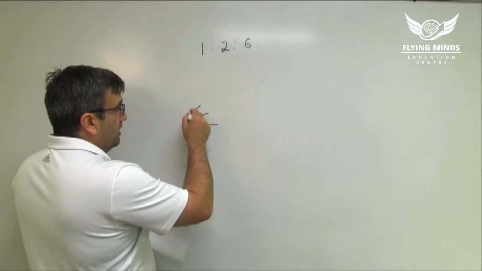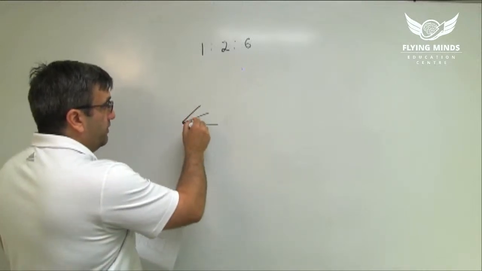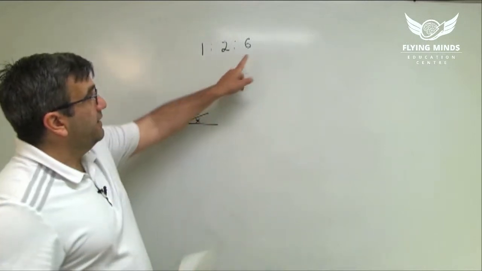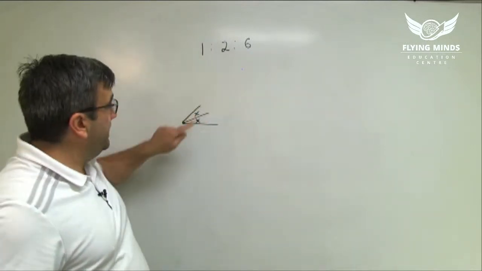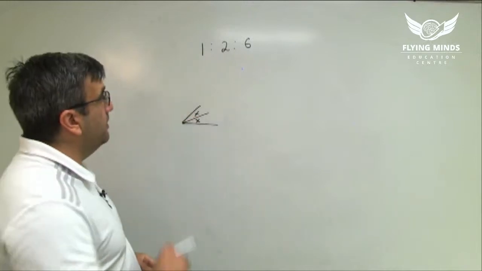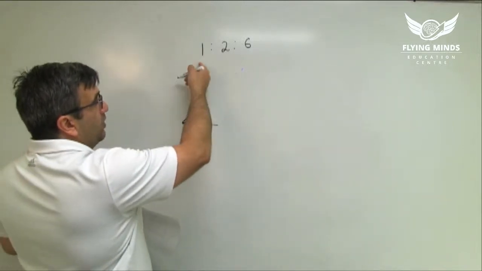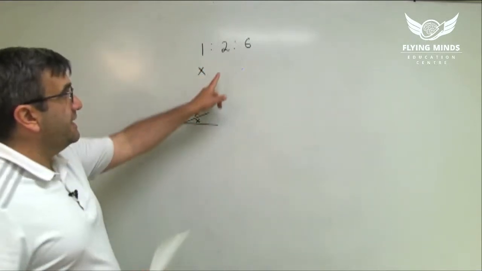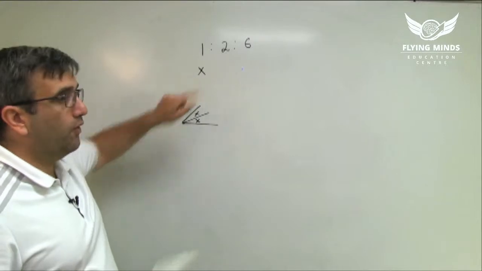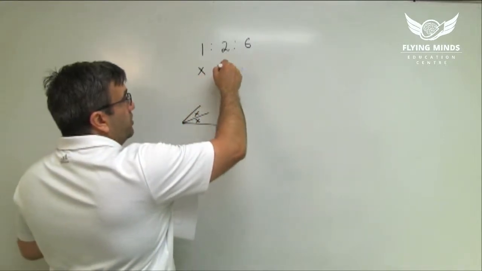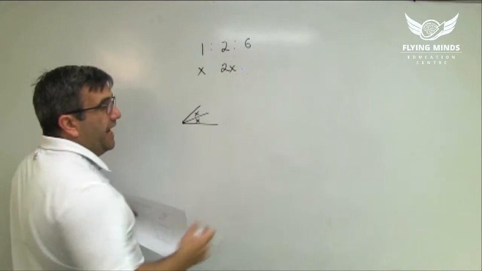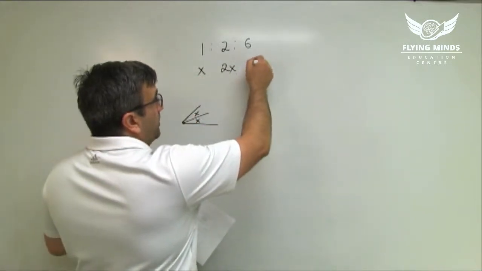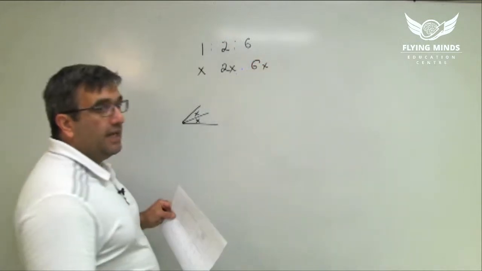So if this is x, then the first angle will be x, the second angle will have 2 of these parts, so it will be 2x, and the third angle will have 6 of these parts, so it will have 6x.